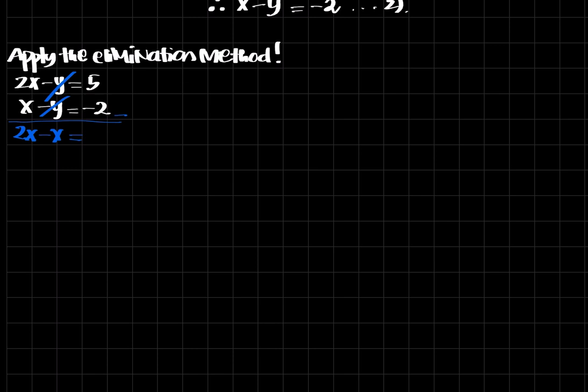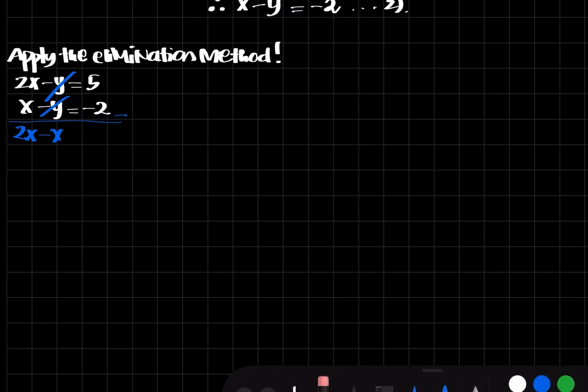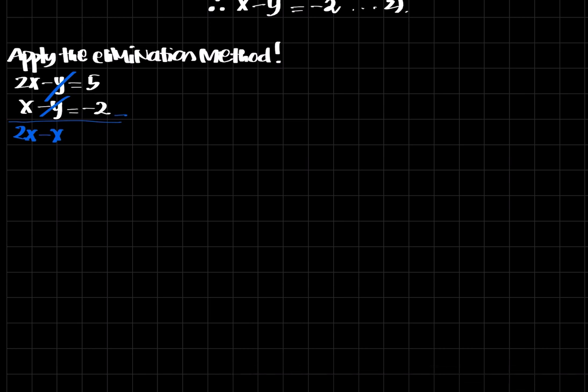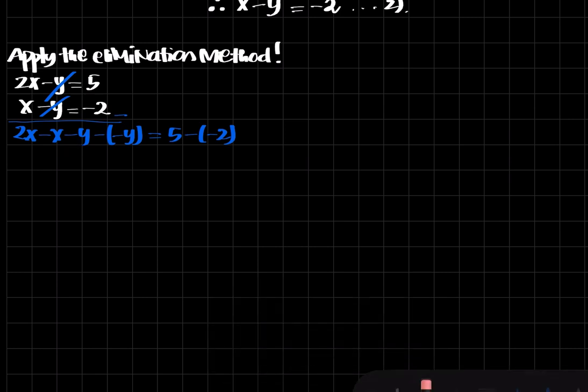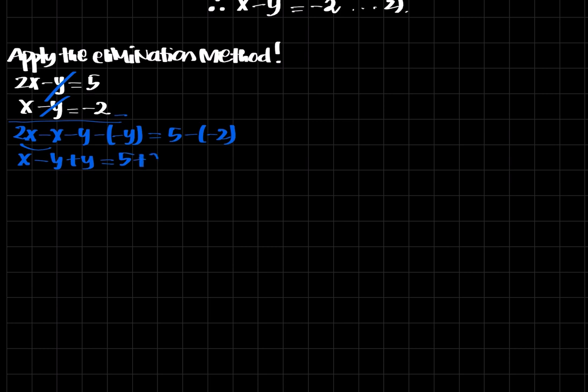Okay, let me write down. 2x minus y minus x minus y equals 5 minus 2. So to make you all understand easily, 2x minus x, that is x, and then minus y plus y equals 5 plus 2. Now this cancels.